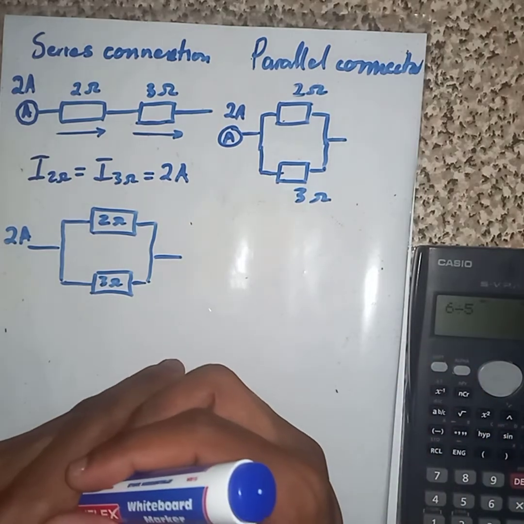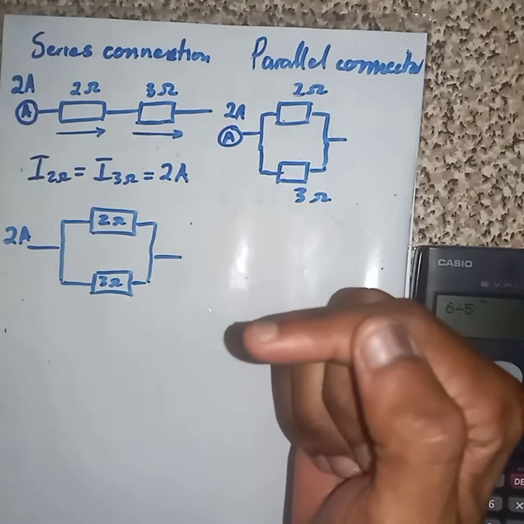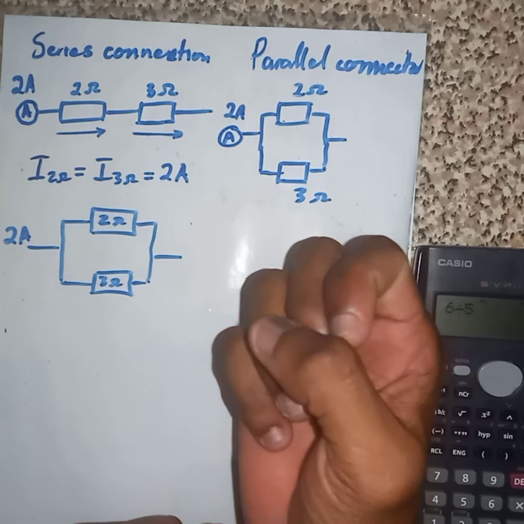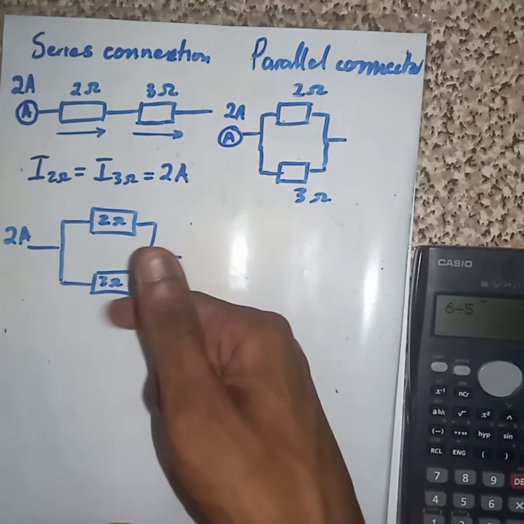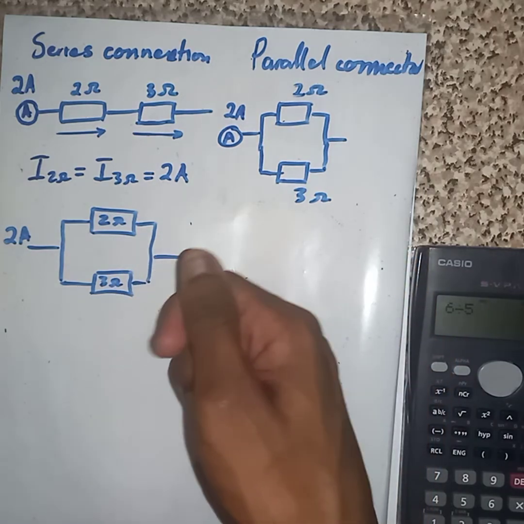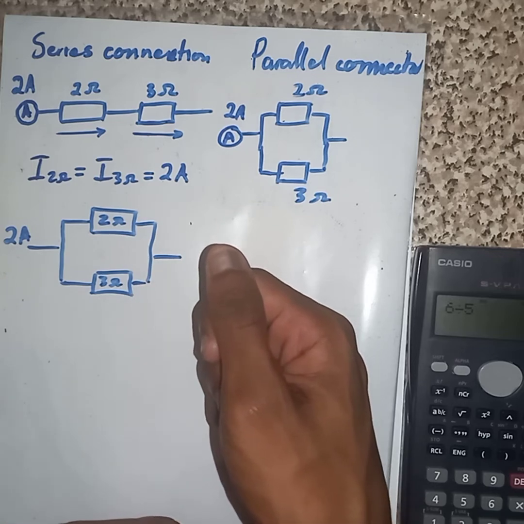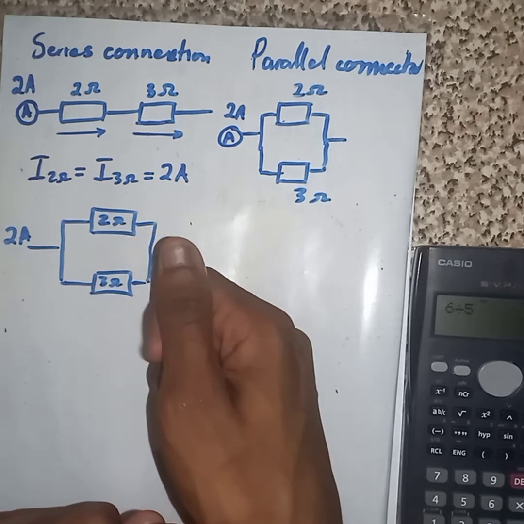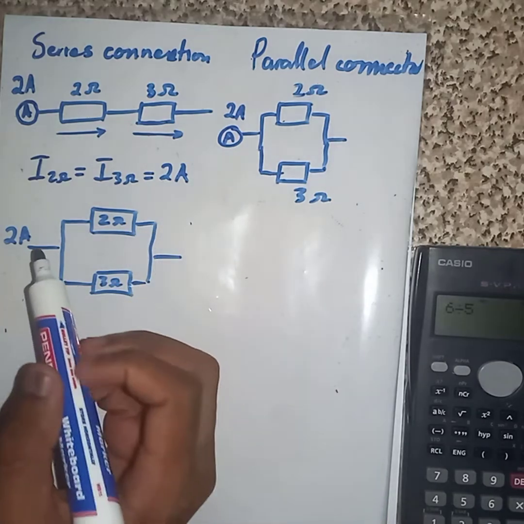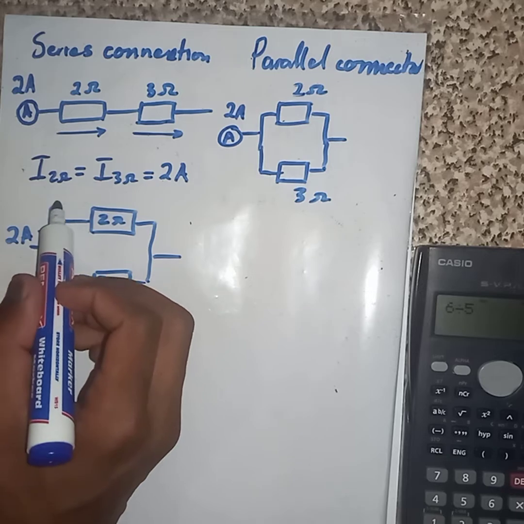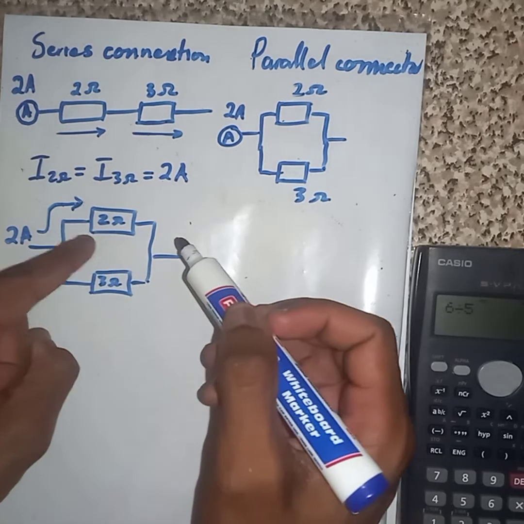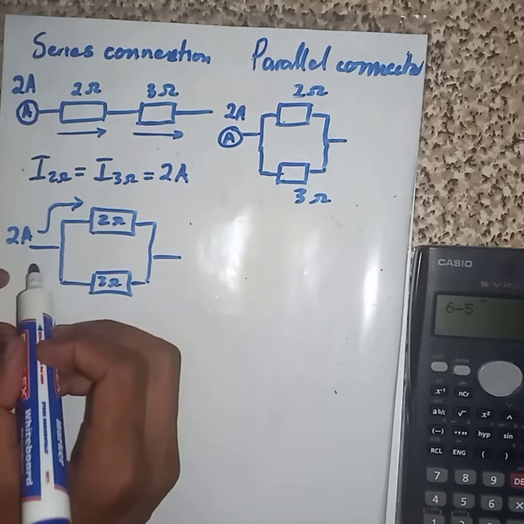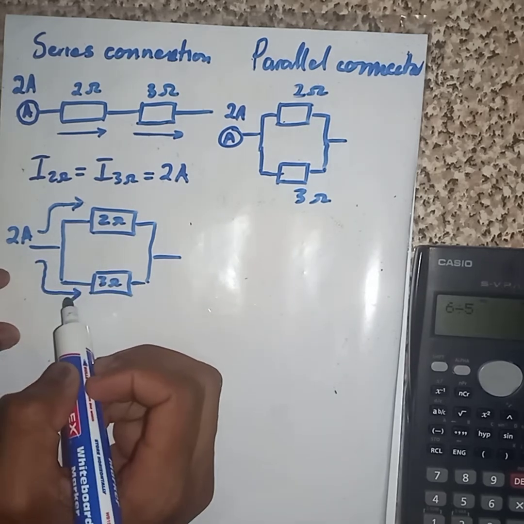The method that I'm going to use now is this one. We know that current is inversely proportional to the resistor. Then I only have 2 resistors. Check, the current that will move to 2 ohm will be greater compared to the one that is going to flow to 3.